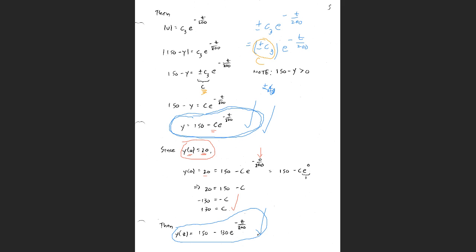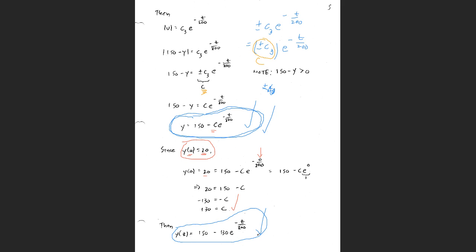Okay, hold on. One moment here. Yes, Nathan? In the first equation that you have circled in blue, you have 150 minus C e raised to the negative t over 200th power. So what if I just didn't like negative signs? Could I just change it to 150 plus C e raised to the negative t over 200?